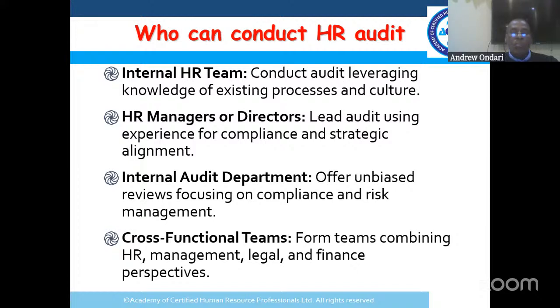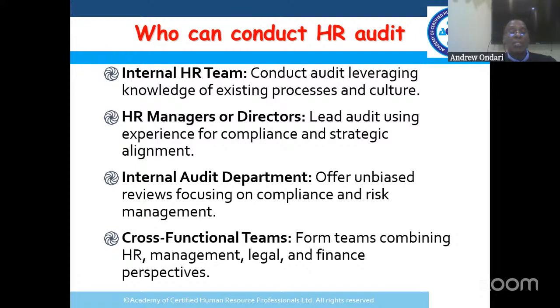As I have mentioned, now that you will likely be certified HR auditors at the end of this process, you will be able to train those other auditors who have been conducting HR audits without the qualifications, so that they now become conversant with the key aspects that should be audited in HR.